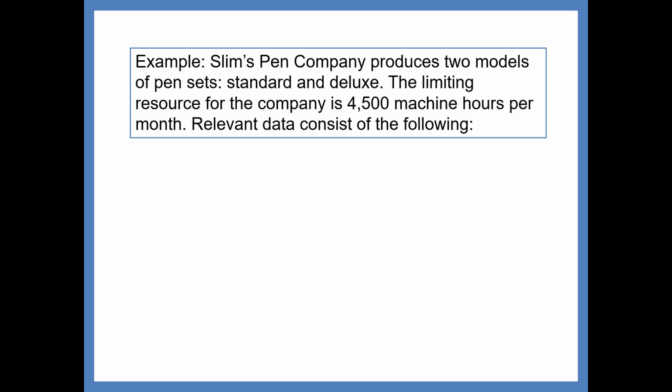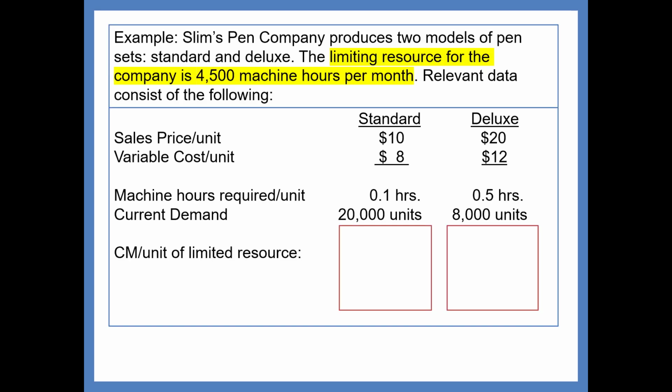Slim's Pen Company produces two models of pen sets, Standard and Deluxe. The limiting resource for the company is 4,500 machine hours per month. Relevant data consist of the following. All right, so what we know is we do have a limited resource of machine hours. The sales price is $10 per unit for standards, and the variable cost is $8.